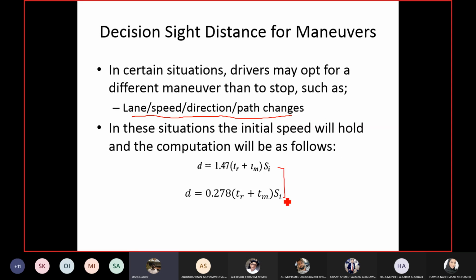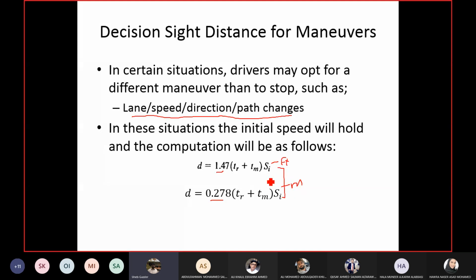These are not two equations. This is the same equation in different units. This one is in feet, and this one is in meters. So this is the only difference between the two equations. The equation is the same, only the conversion factors are changing.